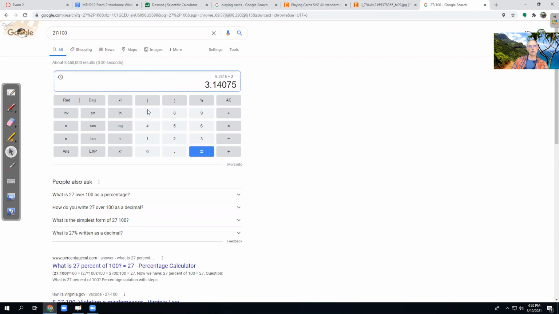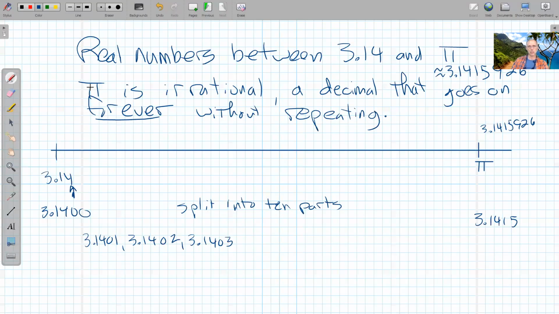So right in the middle of those two numbers would be like 3.14075 or 08 if we rounded just a little bit. So back here, roughly in the middle, let's say that's about the middle right there, would be about 3.1407-ish in the middle. So I didn't need it to be perfectly set, but I needed them to be roughly in the right place.